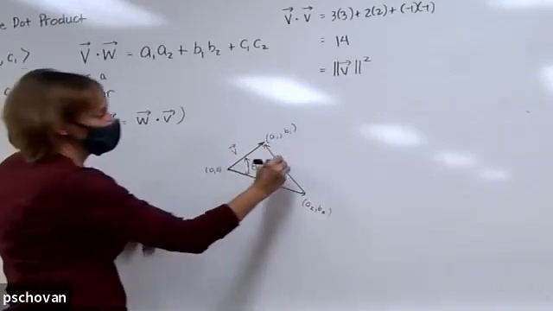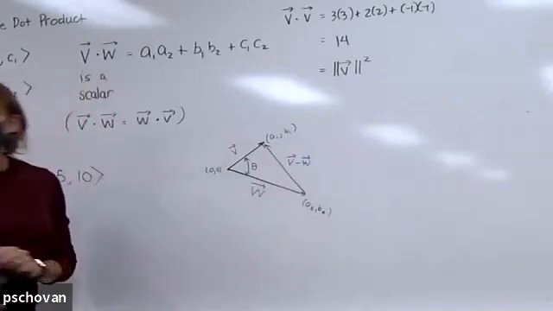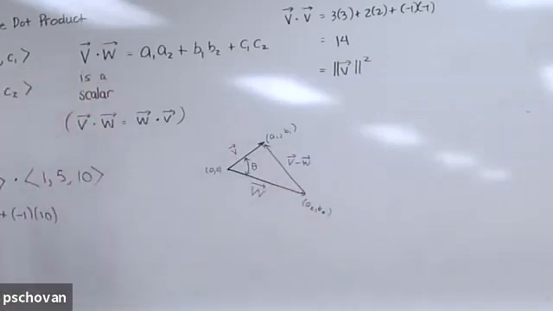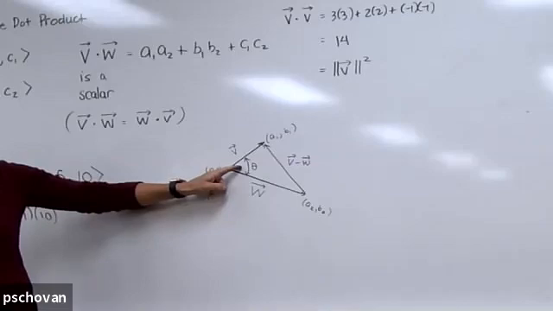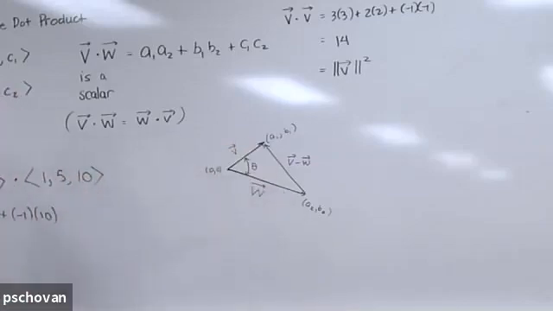That's V minus W. In your trig class once upon a time, a long time ago, there was a formula that helped you find the measure of an angle that is interior in an acute triangle. That's the law of cosines. We can find that angle using the law of cosines.